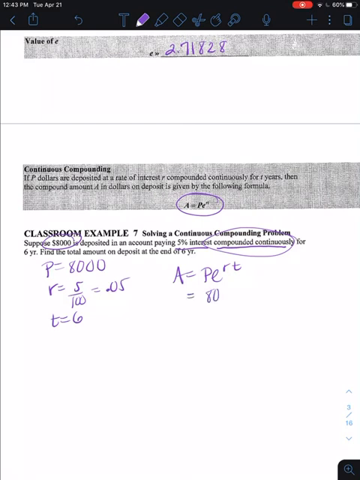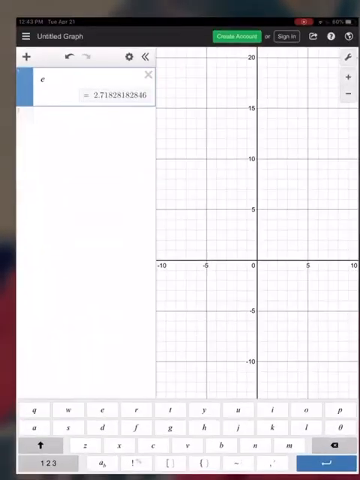Plug in my values: 8,000 times e, remember e is already in your calculator, to the power 0.05 times 6. That's what I'm going to put into Desmos to get how much I accumulated over that 6-year period.